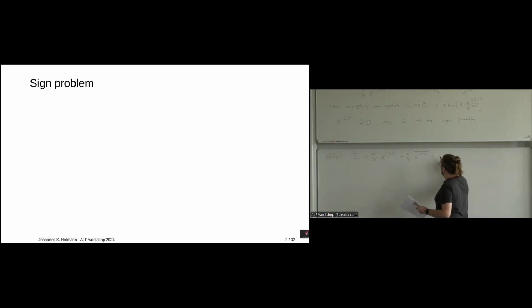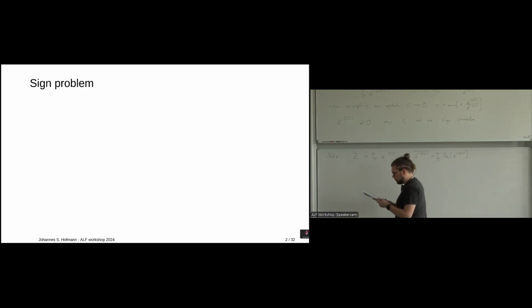So in other words, I can also write the partition sum C as the sum over the configurations, but here I'm not taking the full weight of the exponential, but I'm only looking at the real part of e to the minus sc. I hope this is clear. So at some point, we will be replacing this sum by this real part.